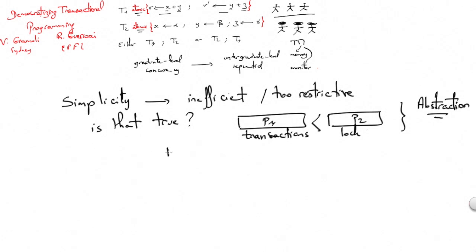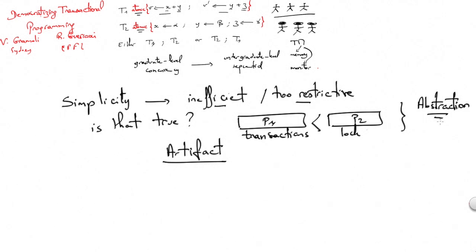Why? Because this could be simply an artifact of the usage of the transaction abstraction. One could use it in the wrong way, which would lead to inefficiency. So proving that the transaction abstraction is inefficient or too restrictive simply by programming with it and comparing the program with the lock implementation of the same abstraction cannot be very satisfactory.